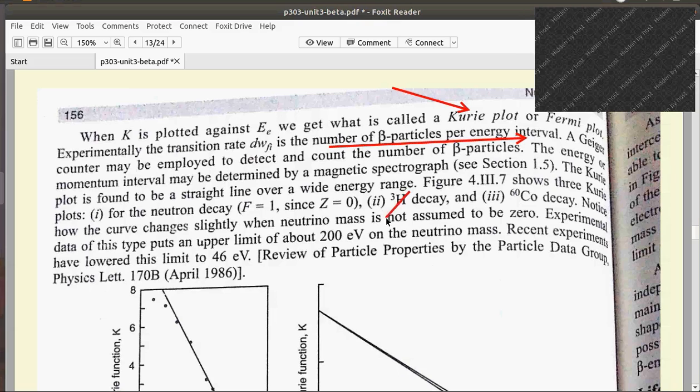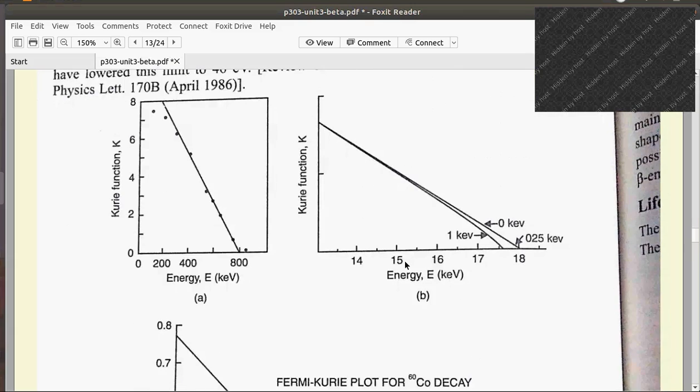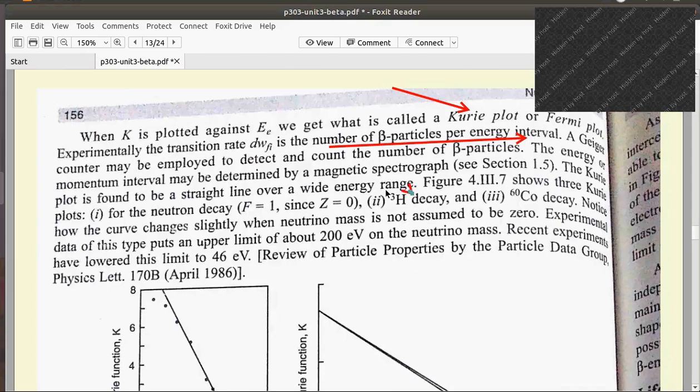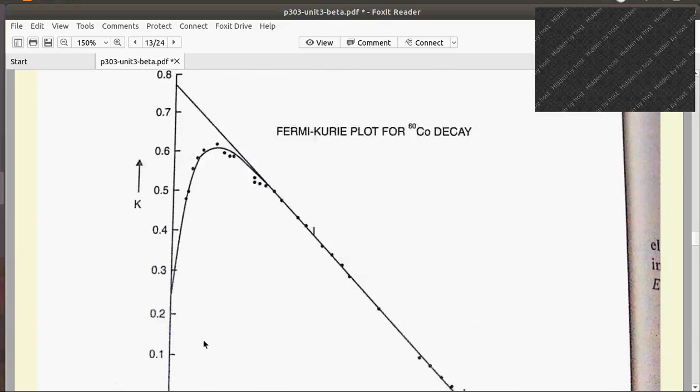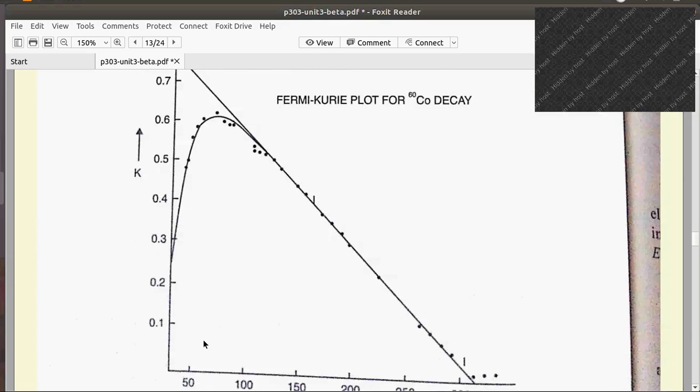To understand the Curie plot, we are showing three graphs here. The first graph is for neutron decay, the second graph is for tritium, and the third graph is for cobalt decay.